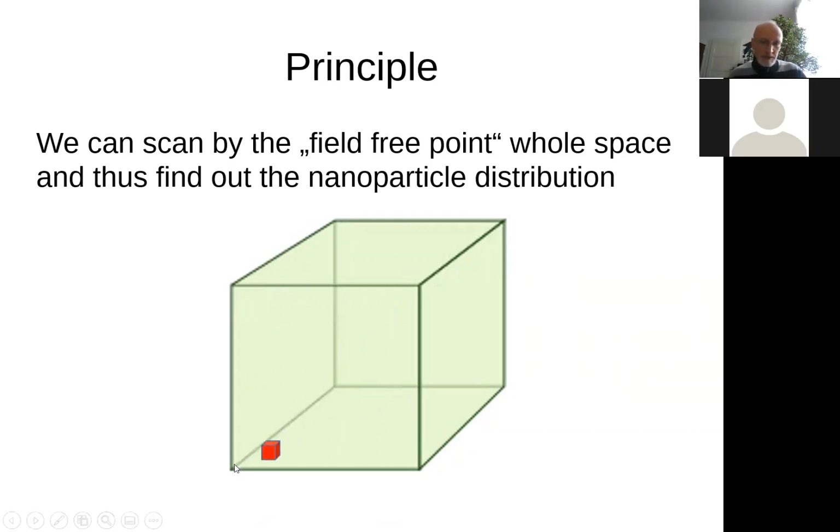So I could scan the space like this, point by point, and from each point measure the spectrum and check whether the nanoparticles are present there or not, and from this put together a whole image of the distribution of nanoparticles in the space.